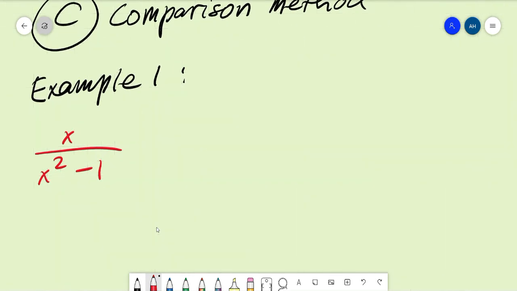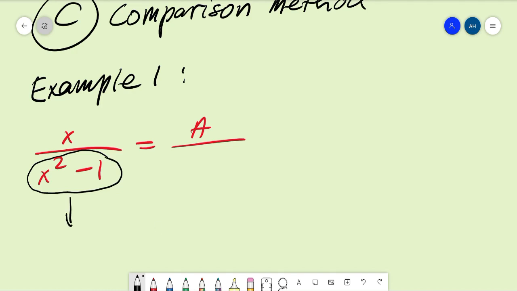So on the right hand side, like usual, we write down a over, now we have to factorize the denominator first. This denominator over here we have to factorize.